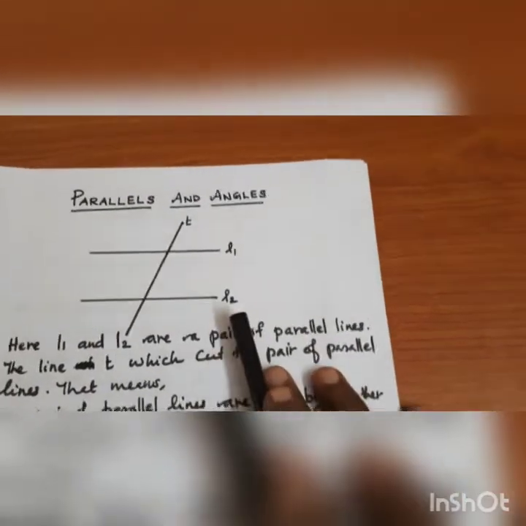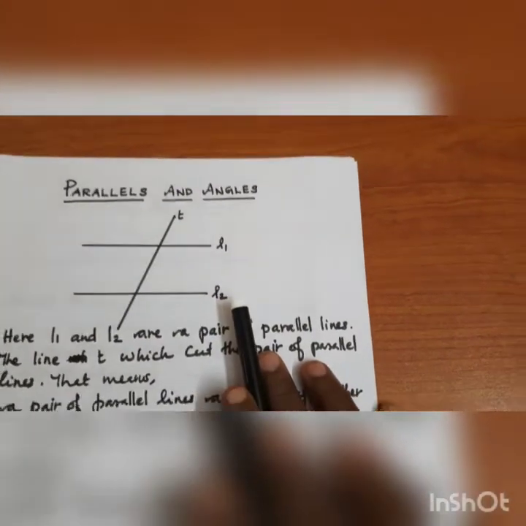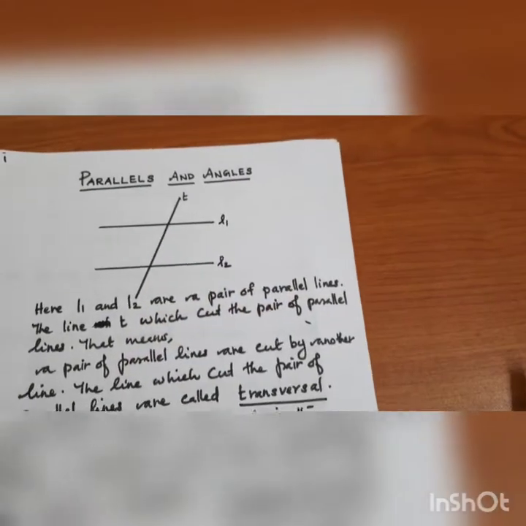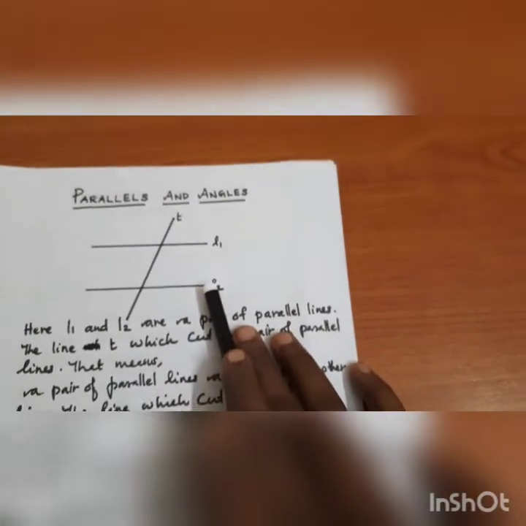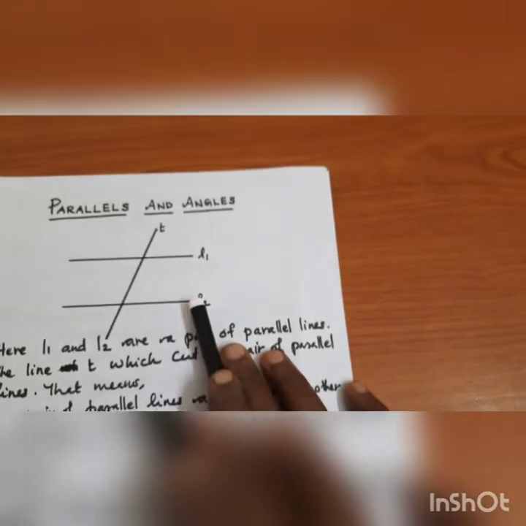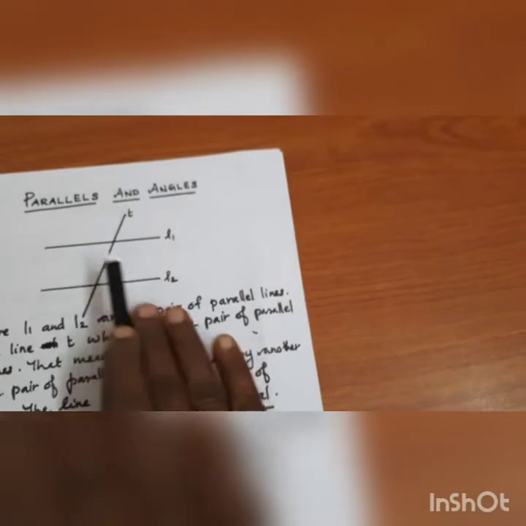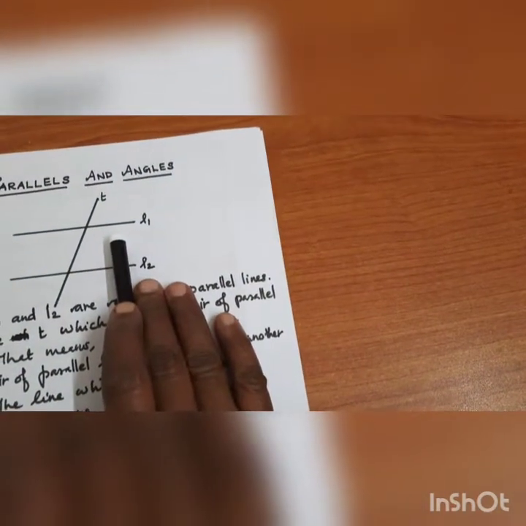In the last classes, we studied the parallel lines and how to draw a parallel line, etc. While studying how to draw parallel lines, we mentioned the angles. How will you measure the angles when we draw a parallel line?